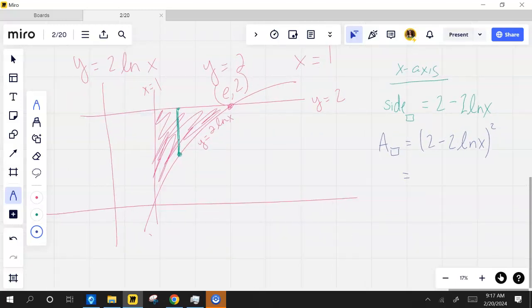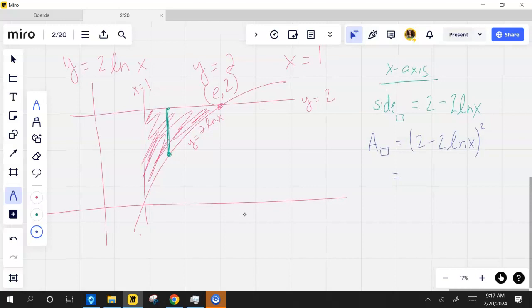Well, I picked a hard one to do with you. What do we have? 4 minus 4 log x plus log x squared.